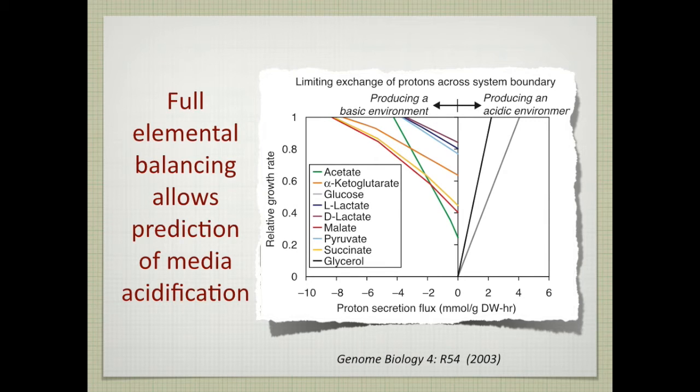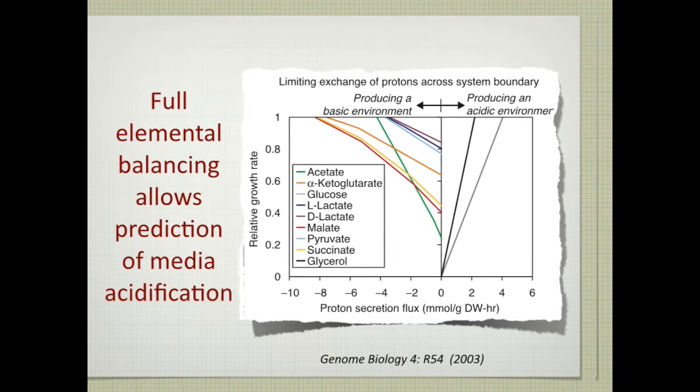And you see some substrates like glucose, that's in gray on this diagram, goes off to the right and is predicting a net proton efflux. So the pH of the media should go down. And then there are some other substrates in there like acetate and so forth that go to the left that predict that the pH should be going up. So these are predictions just based on overall elemental and charge balancing.